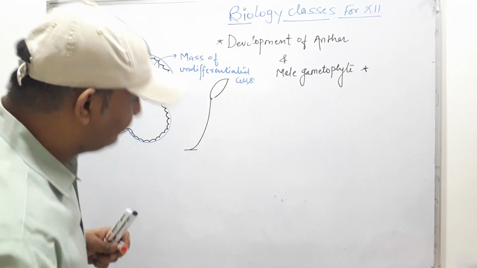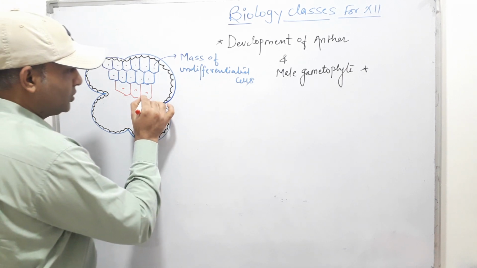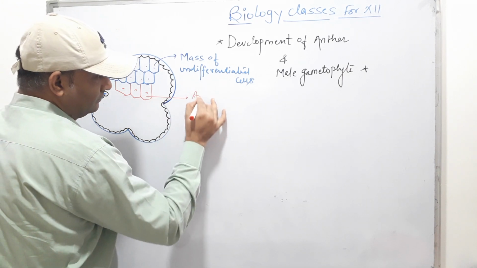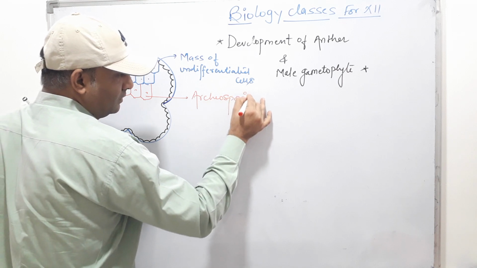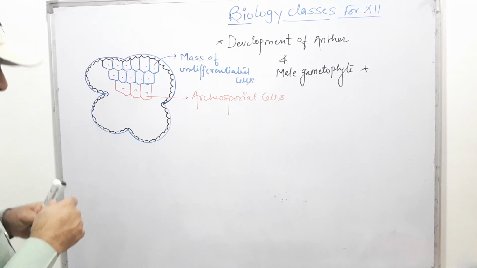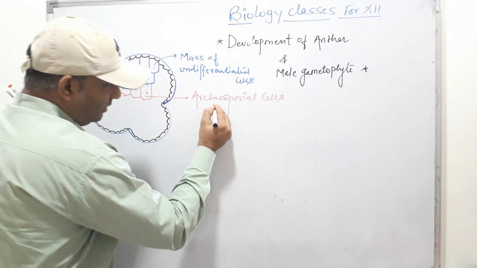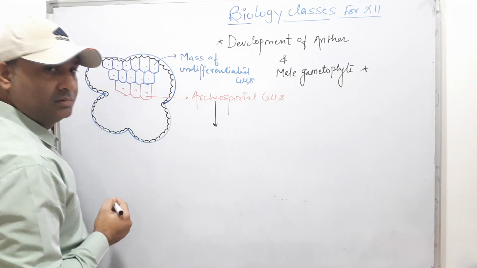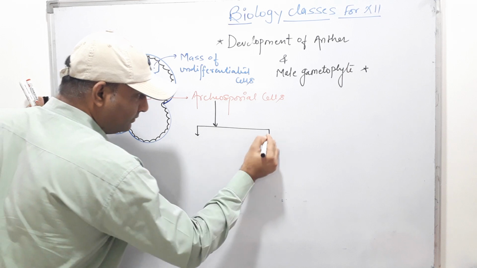These cells are called archaeosporial cells. Now, archaeosporial cells divide and produce two cells.